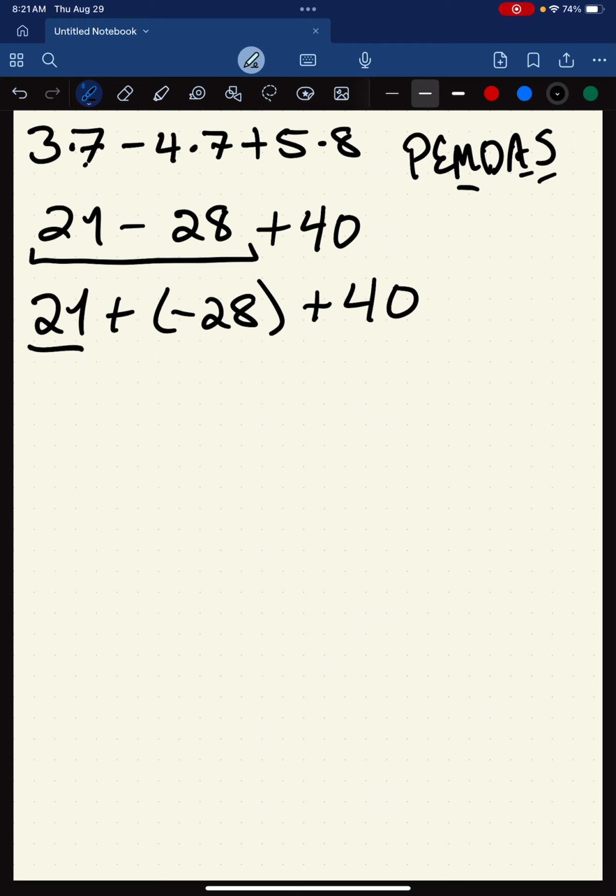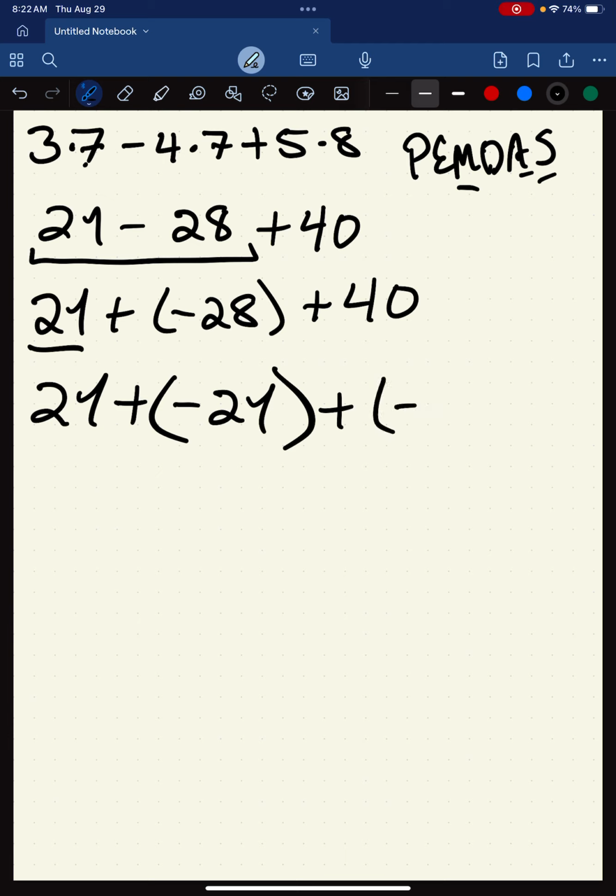So if we go to the right 21 paces and then go to the left 28 paces, we can think of that as going first to the left 21 paces and then to the left 7 paces. If we're going to the left 28 paces, first we have to go to the left 21 paces, and then we have to go 7 more paces.